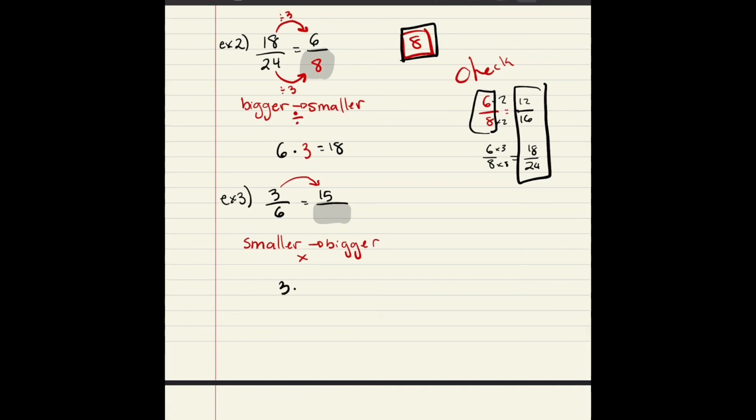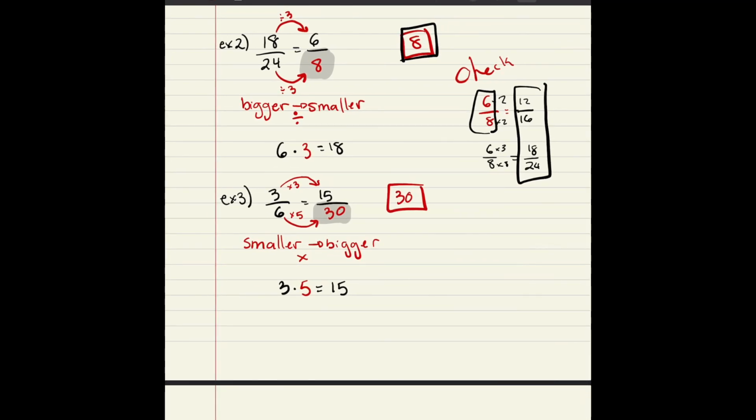So if I had 3 times 5, I would get 15. So now I have to multiply 3 times 5 to get 15 up here. So what I do to the top, I have to do to the bottom. 6 times 5 gives us 30. 30 would be our answer.